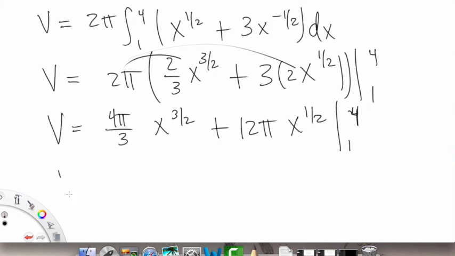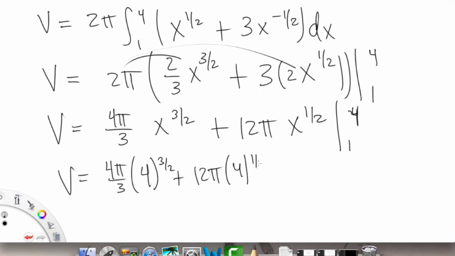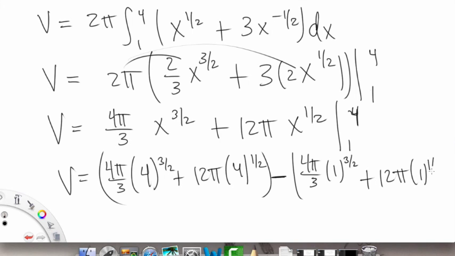Okay, so let's evaluate these. We plug in a 4 first, so 4 pi over 3 times 4 to the 3 over 2, plus 12 pi times 4 to the 1/2. That's when we plugged in a 4. Then we subtract when we plug in a 1, so 4 pi over 3 times 1 to the 3/2, plus 12 pi times 1 to the 1/2 power. Okay, so let's continue here.